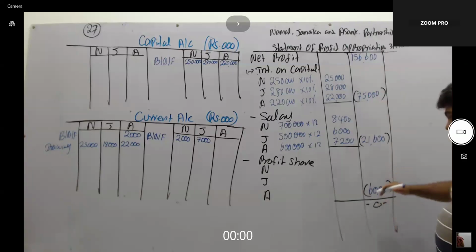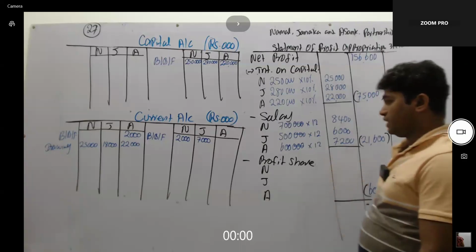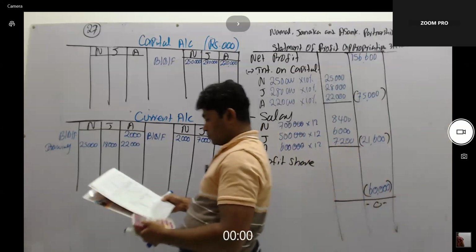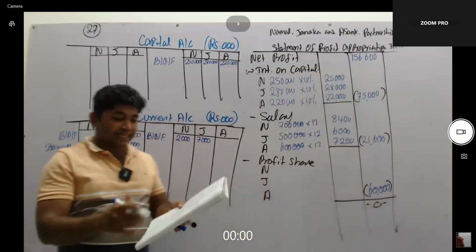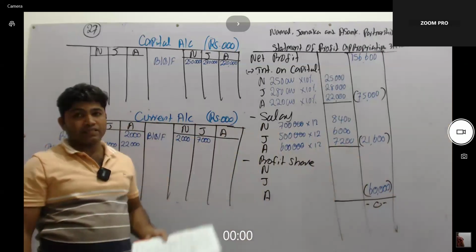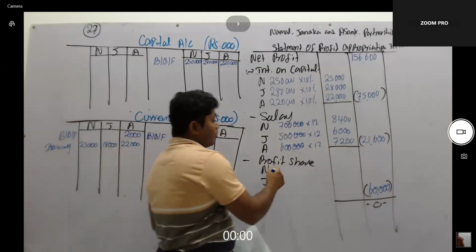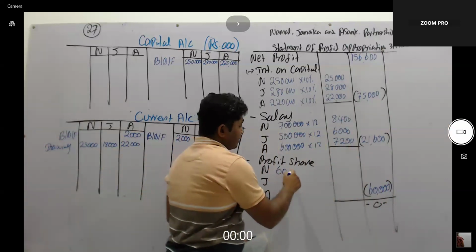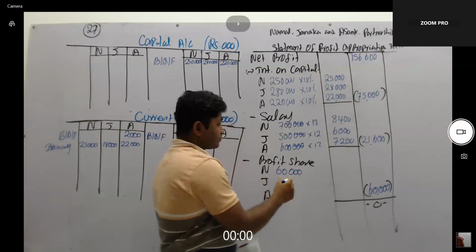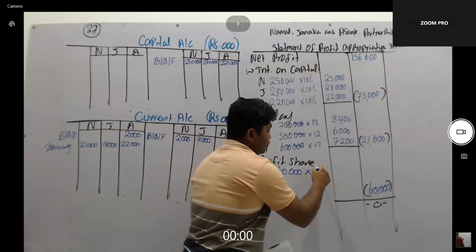It should be distributed among the partners by using the profit sharing ratio. For all three partners, it has given the old ratio 5:3:2. Then we apply the 5:3:2 ratio. Old ratio, the old three partners are available. 5:3:2.